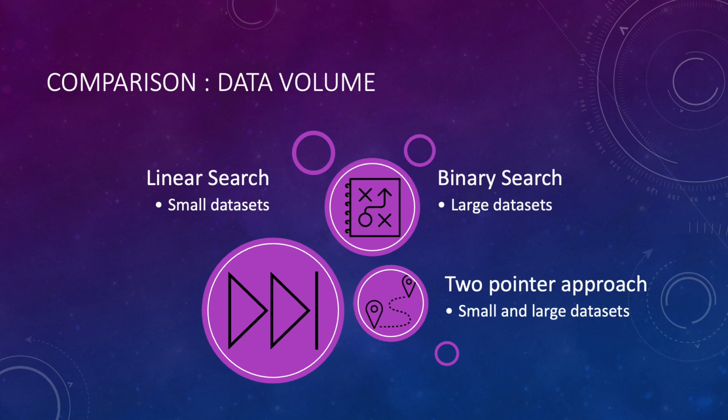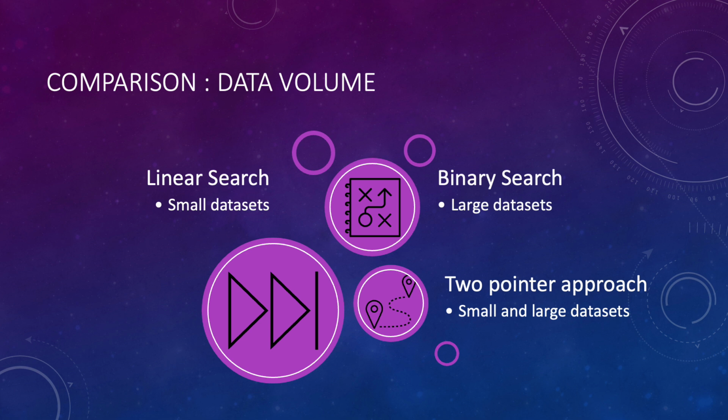When we talk about data volume, linear search is best suited for small data sets. The reason being, for a very small data set we do not need to sort it, so the overhead of sorting actually increases the time complexity. So linear search is efficient on small data sets.